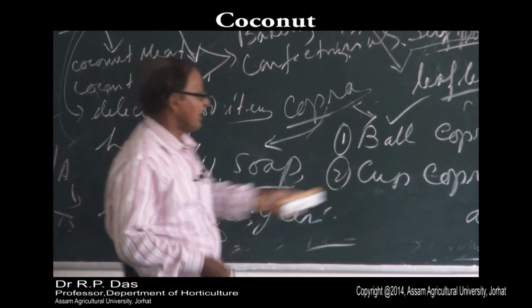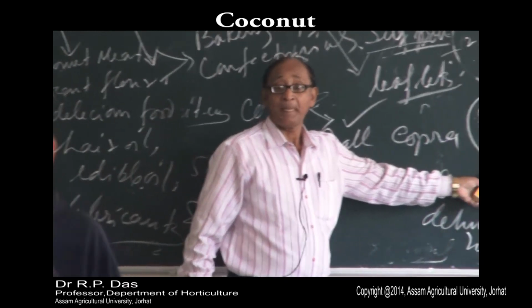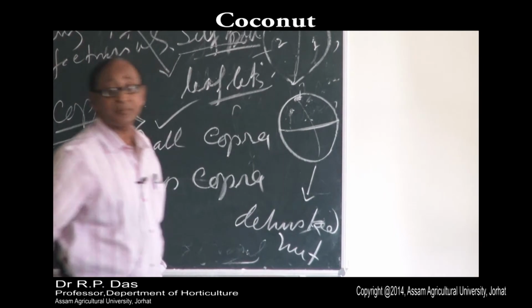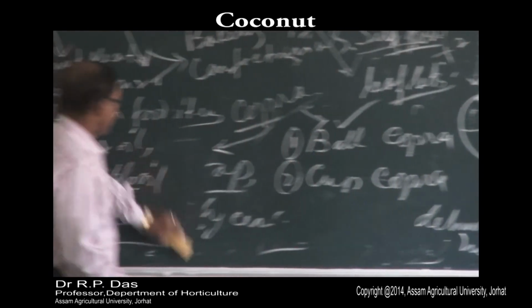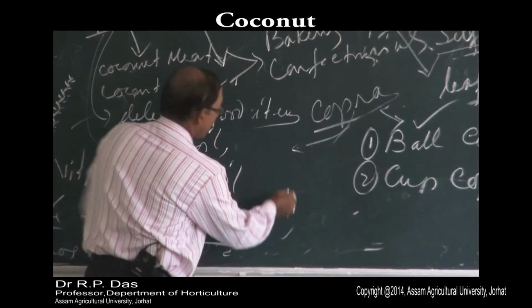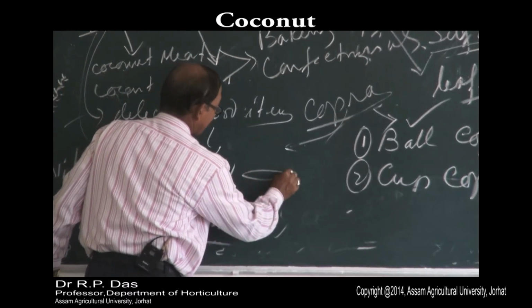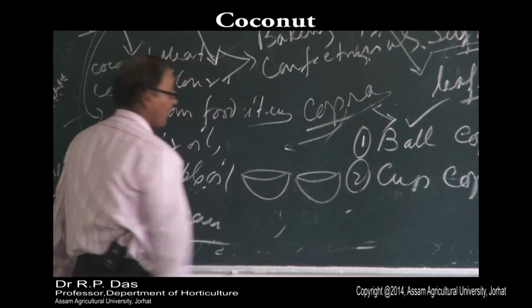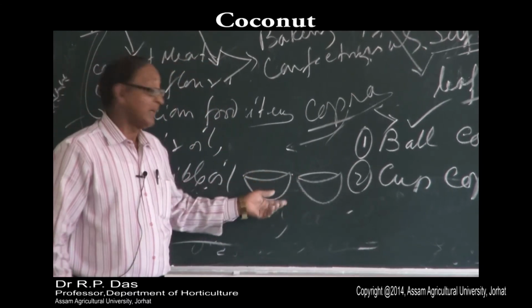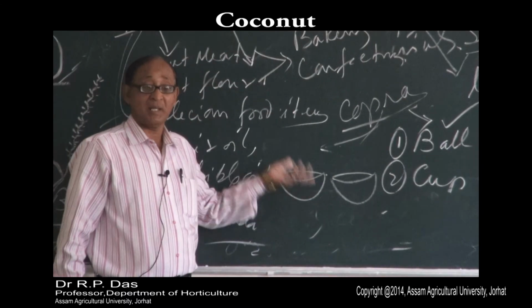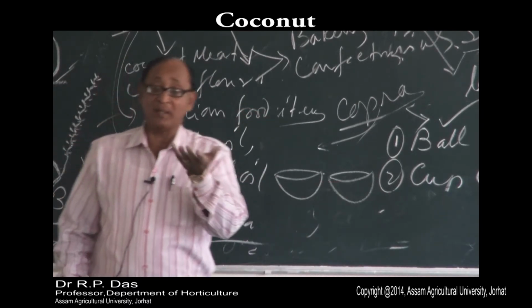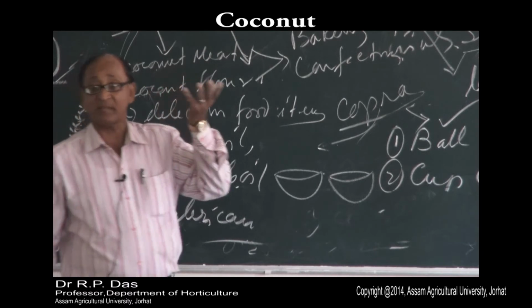Then for immediate use, this dehusked nut is cut into two equal halves and dried under sun, keeping the cut part upwards, towards the sunshine.